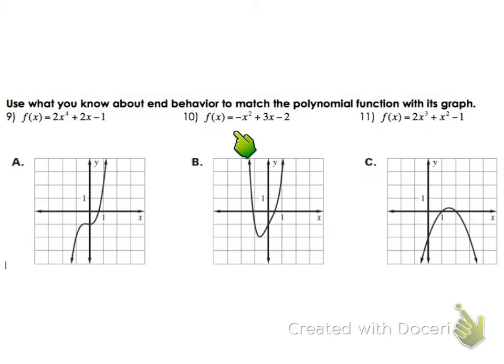Good, because that's not right. Did you say 11? Yes. All right, so how do we know which one of these is which? How do we know which one's 9 and which one's 10? Well, again, you look at the leading coefficient. The right arm here is going down, which means the leading coefficient is negative. So your correct answers were B, C, A.